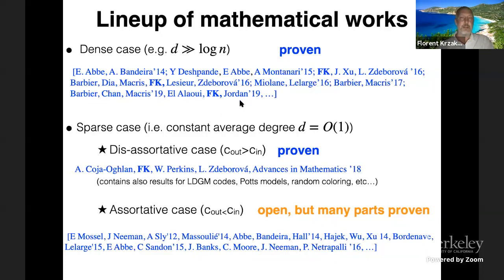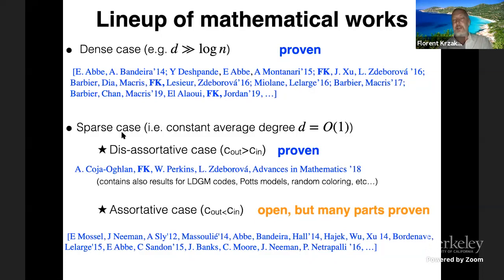You will see here many of the people interested in this problem and who are participating in this conference. Actually this paper here and this paper here were written in Berkeley during my last visit. So this is nice. In fact, many of these works are using the Guerra interpolation I showed you yesterday.